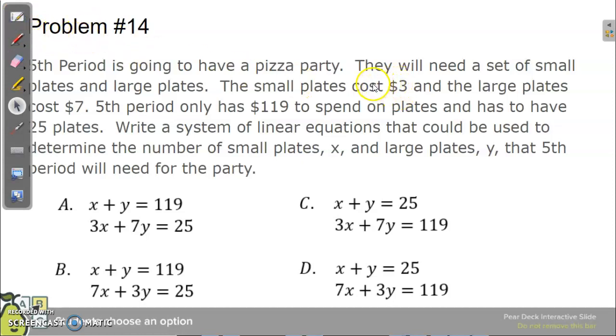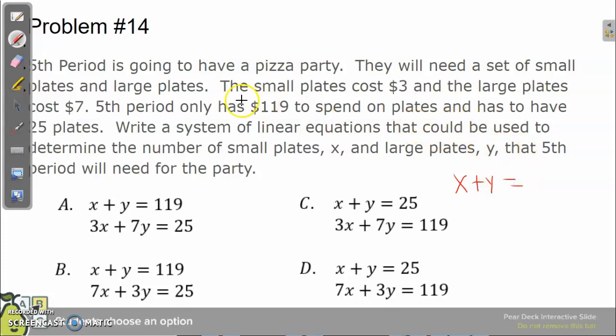So remember, the top is the description, the bottom is the money. Large plates, once again, are $7, small are $3. The small ones cost $3. So the description: small plates plus large plates, and how many do they need?